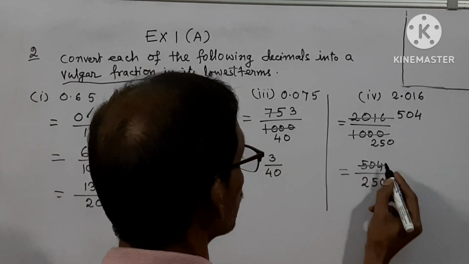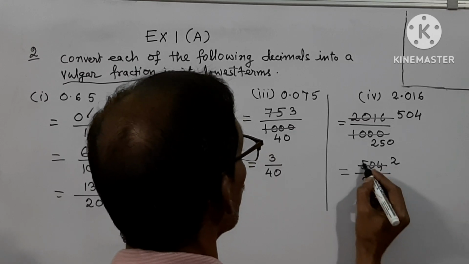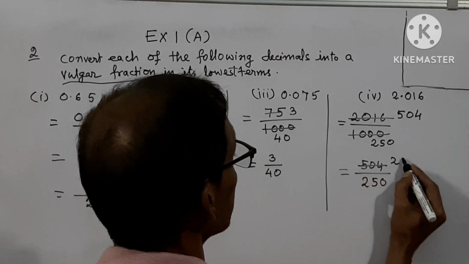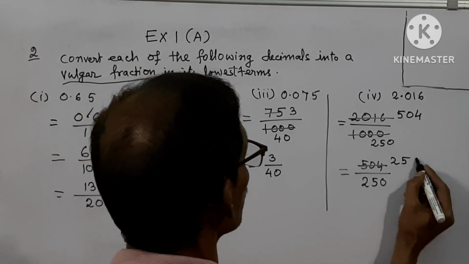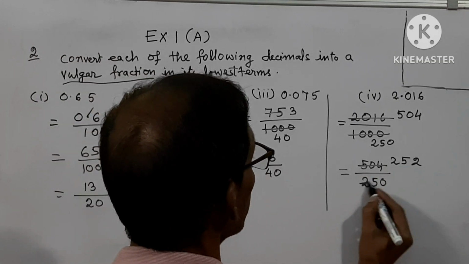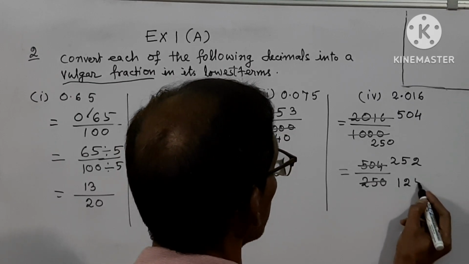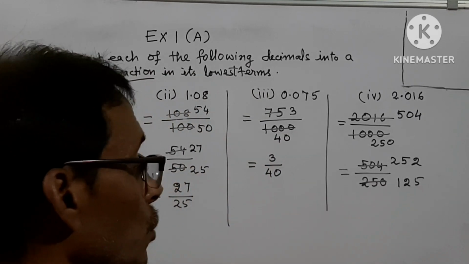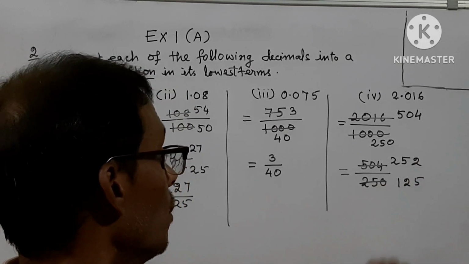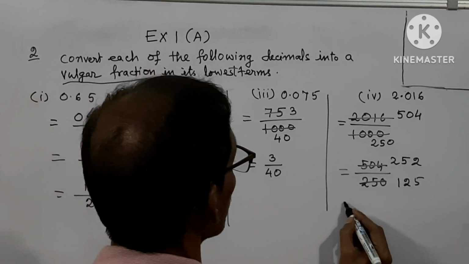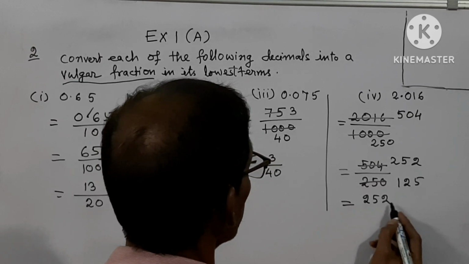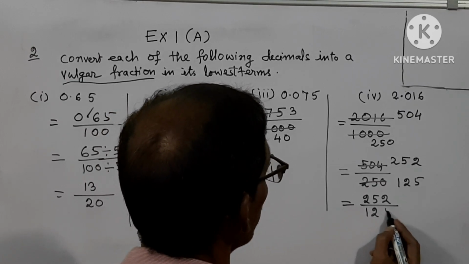You can divide again by 2. 2 2s are 4, 1 is the remainder, then 0, then 10, that means 5 2s are 10 and 2 2s are 4. So 252, and this will be 125. Now 252 and 125 will not have any common factors. So the lowest term will be 252 by 125.